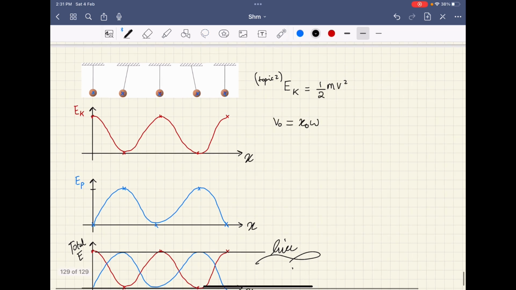So if I would like to find the maximum kinetic energy, I can replace v to get half m omega squared x0 squared, and this shows you the maximum kinetic, which is equal to the maximum energy that the system will have. Now, all of these equations are found in the data booklet.